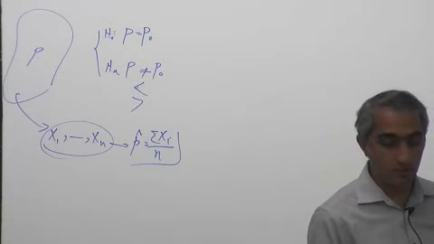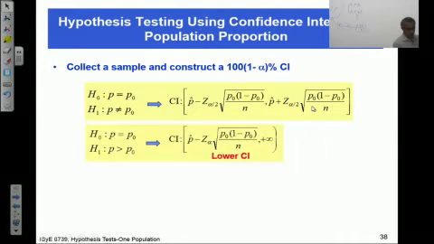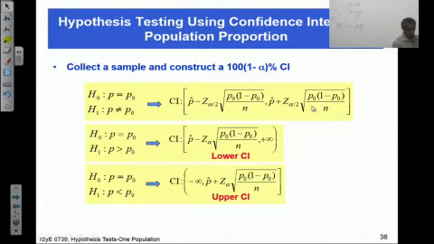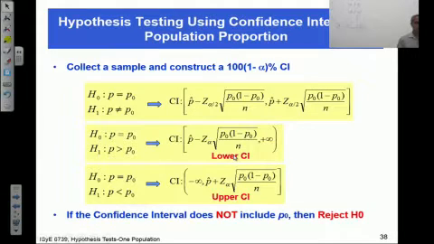Using confidence interval. So what do you do? You calculate your confidence interval, two-sided, or here, one-sided, and then if p0 belongs to this confidence interval, you do not reject, otherwise you reject it. You've seen this confidence interval before, am I right? For one-sided.